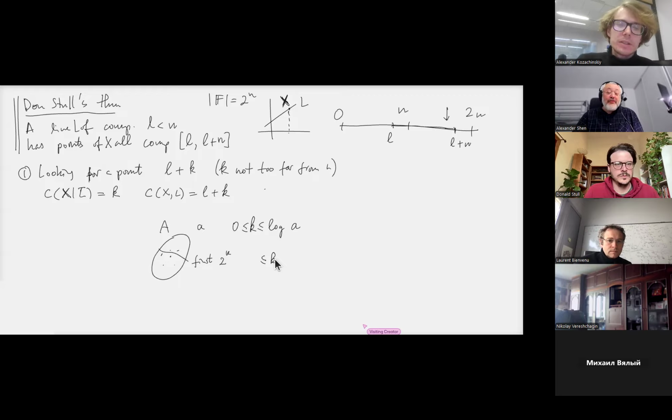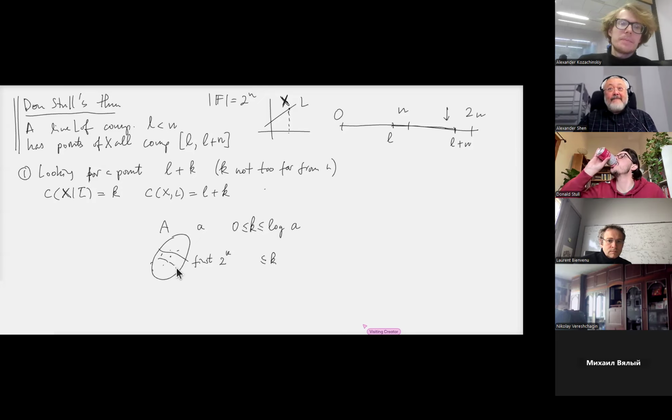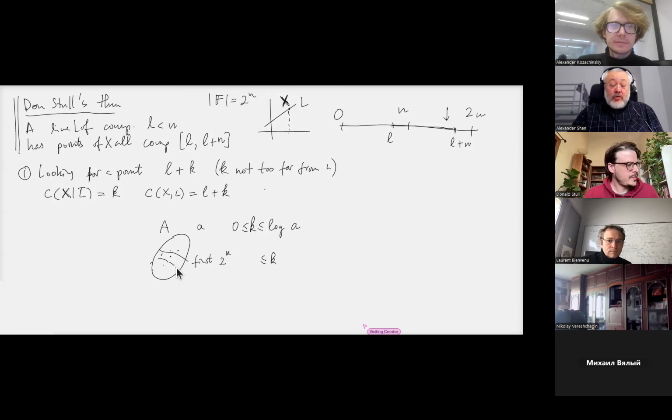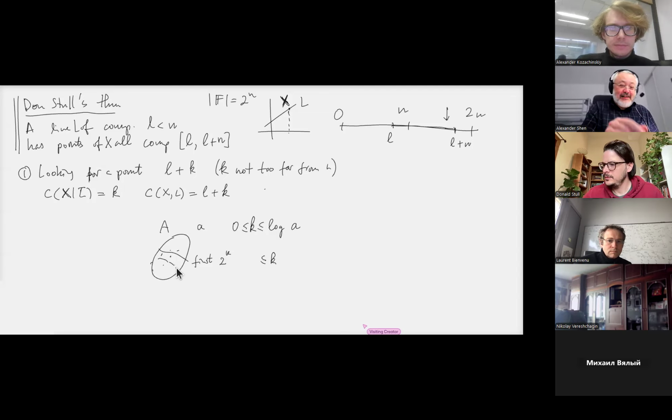And most of them should have complexity exactly k, because there are not enough elements of smaller complexity. So for a simple set, the spectrum is trivial somehow in all cases.